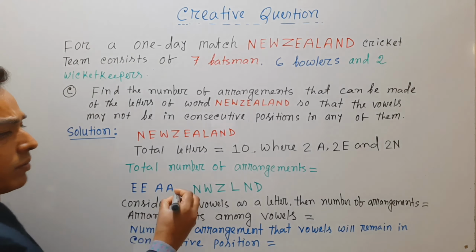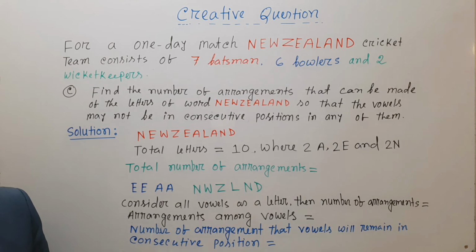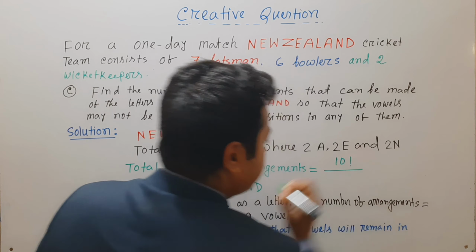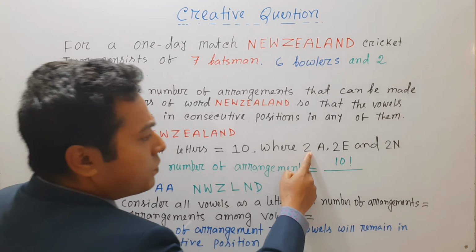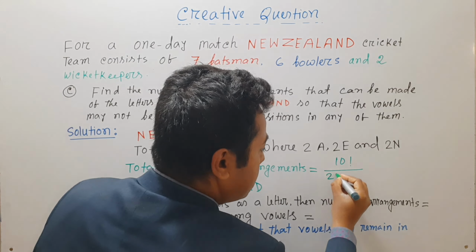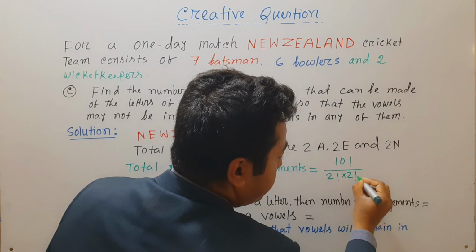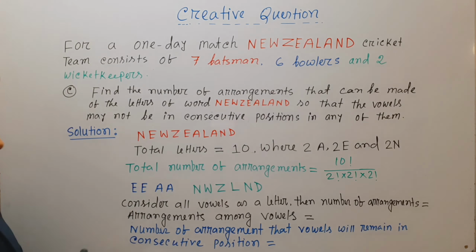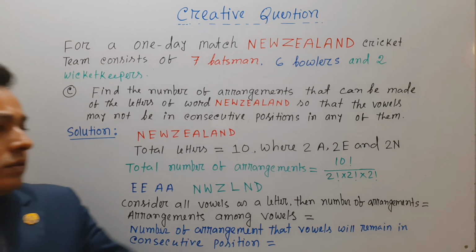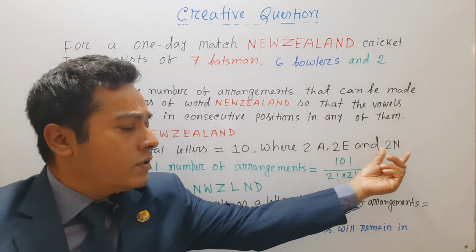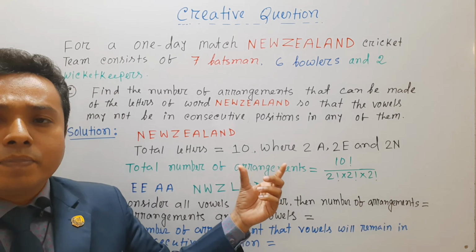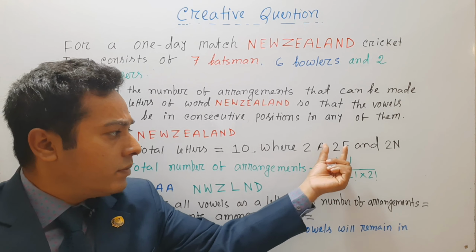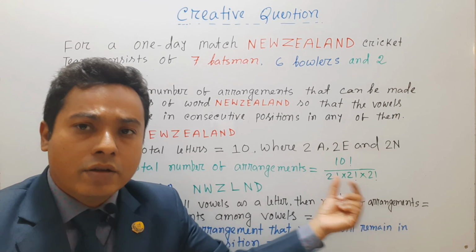Okay, so the number of arrangements will be factorial 10 divided by 2 factorial into 2 factorial into 2 factorial, because of 2A, 2E and 2N. So according to our permutation rules, the arrangement will be 10 factorial divided by 2 factorial, 2 factorial and 2 factorial.